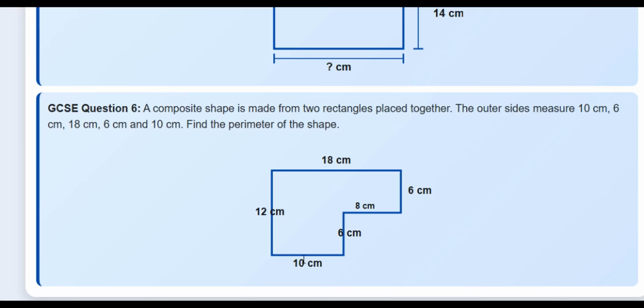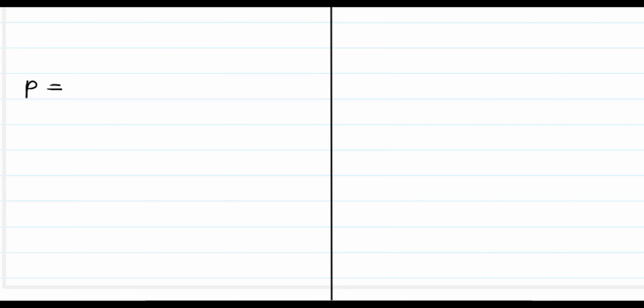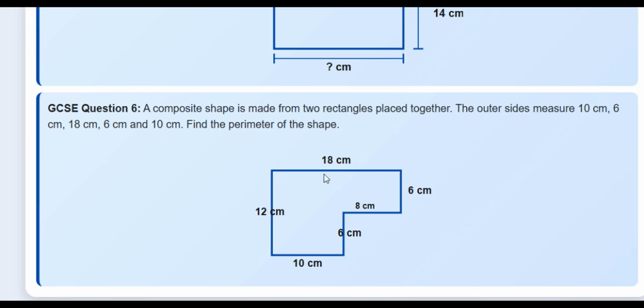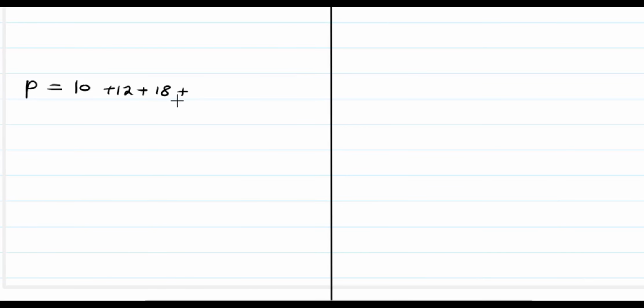So to get the perimeter of that composite shape, P is equal to, I can start adding here. So I'll add 10 plus 12 plus 18, then plus 6 plus 8 plus 6.